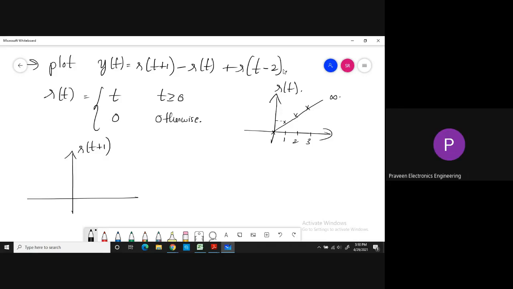Left shifting, ma'am. At what instant will my signal start? At -1 the signal will start. Okay. So at 0 it is 1. At 1 it is 2. At instant 2 the amplitude is 3. At instant 3 the amplitude is 4. At instant 4 the amplitude is 5. Got it?